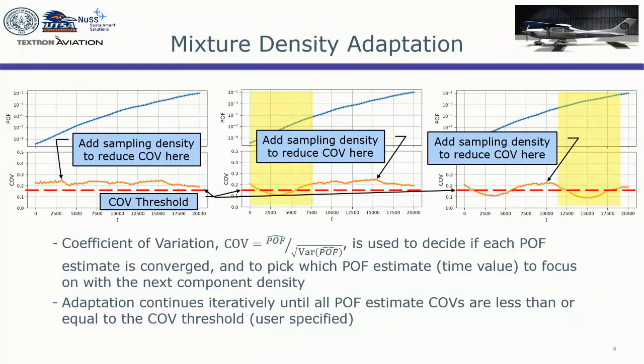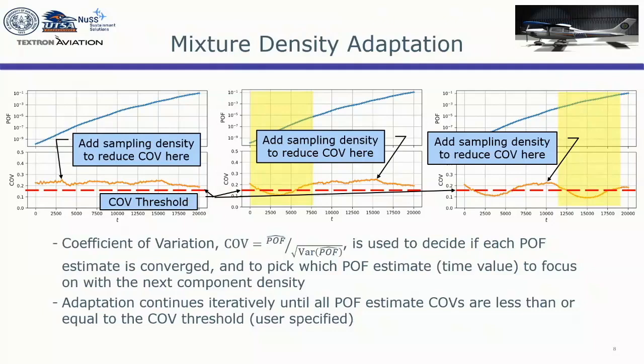So we're estimating both PLF and its variance, calculating the coefficient of variation, and finding where it's highest. Then we add a sampling density that's targeted to reduce the PLF coefficient of variation at that point. And what you can see is that by doing that, you don't affect just one time point, you affect several time points around it. So all of these values got reduced.